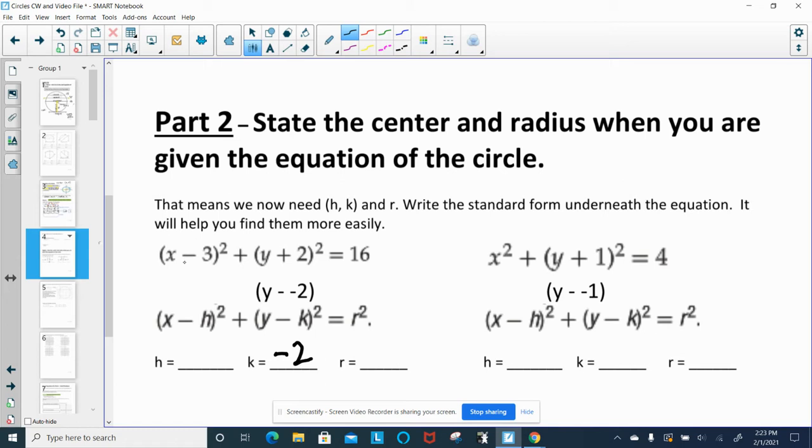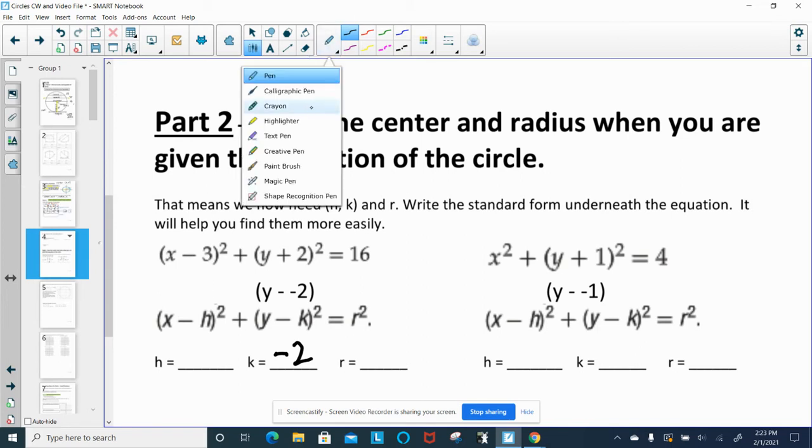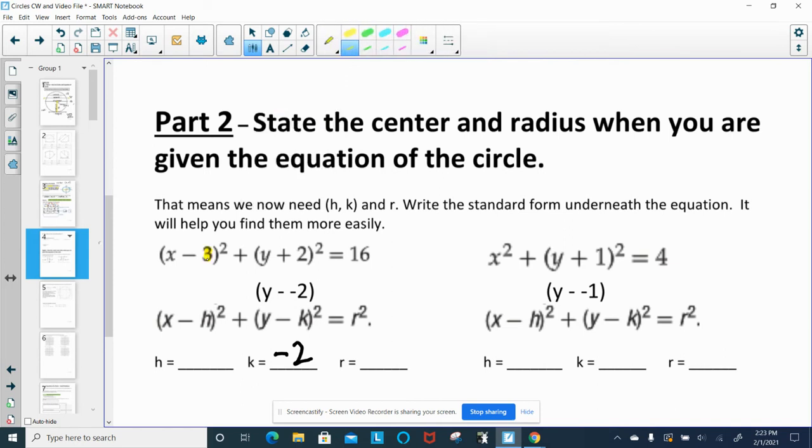Over here with the h, you can see that I have x minus h, or x minus 3. That's a little easier. You can see that the 3 is in the spot where the h is.